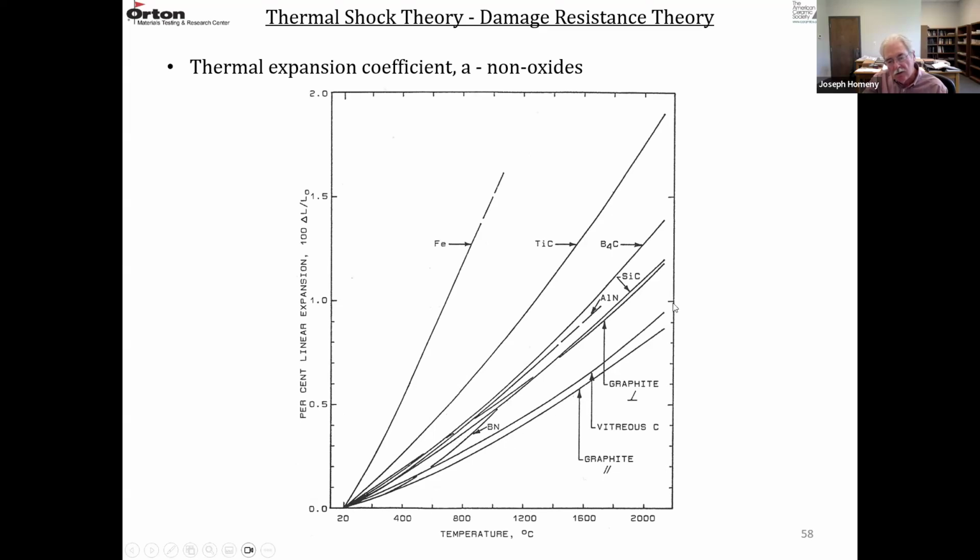You can see graphite, whether parallel or perpendicular to the basal plane, and amorphous carbon, they're getting a little bit lower along with silicon carbide. So I just put these plots to show that you're pretty much stuck with certain values of the thermal expansion coefficients, and they're either intermediate or higher.